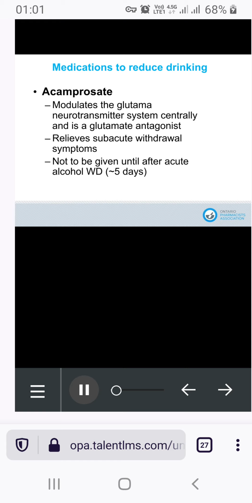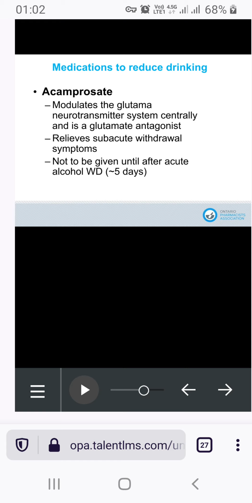Acamprosate modulates the glutamate neurotransmitter system centrally and is a glutamate antagonist.